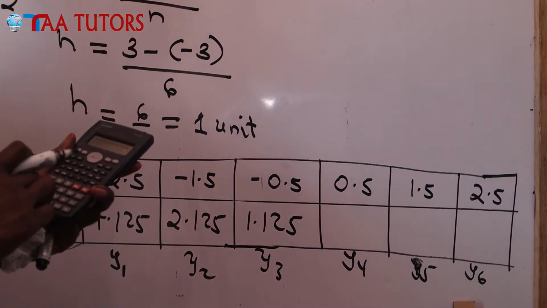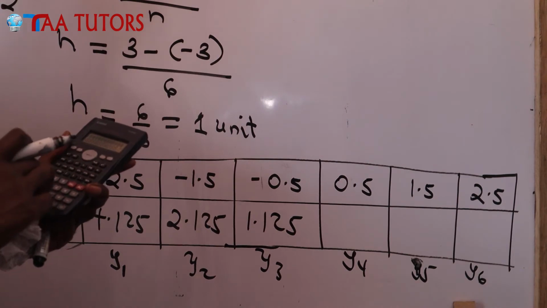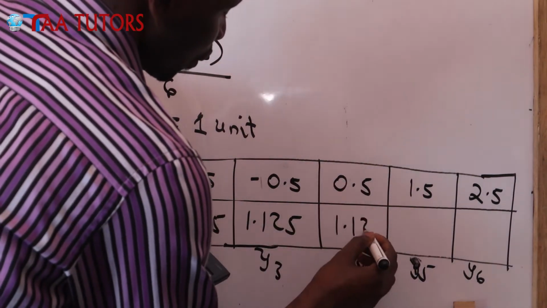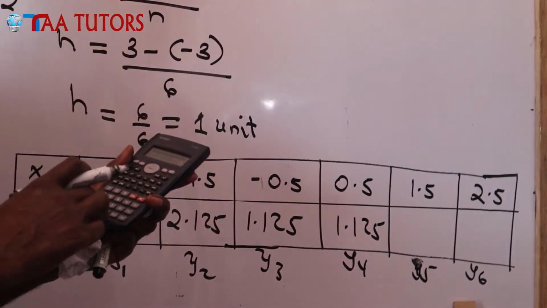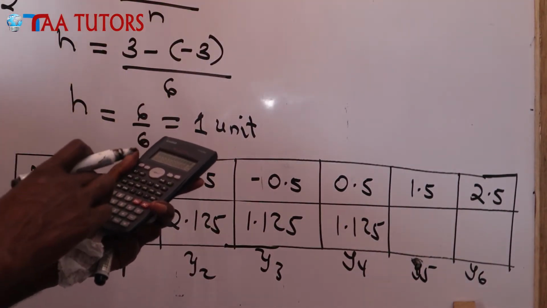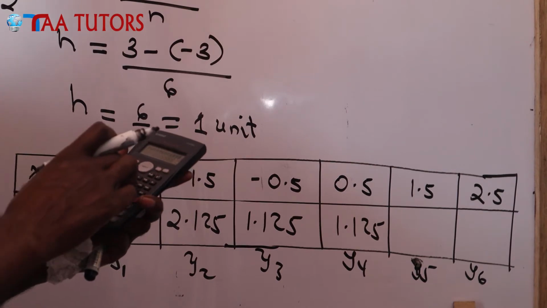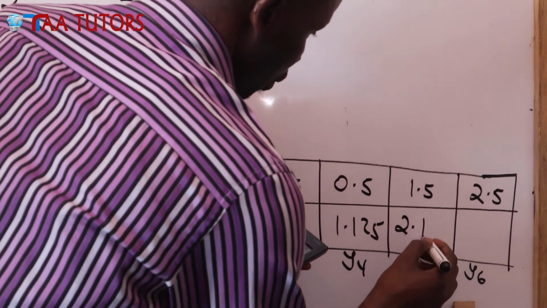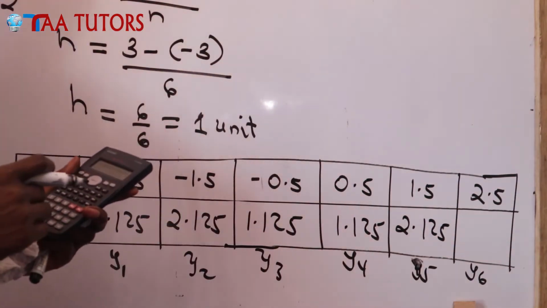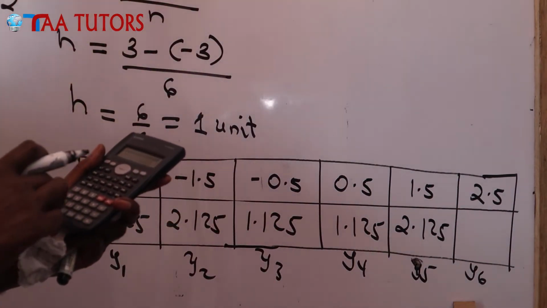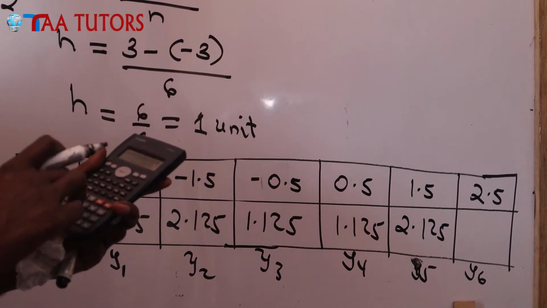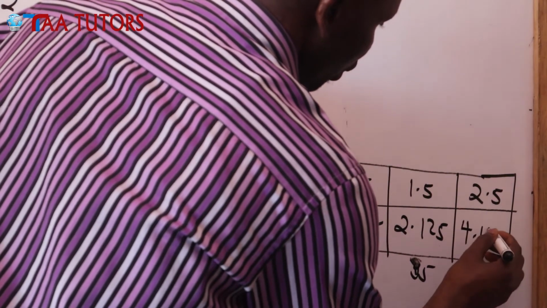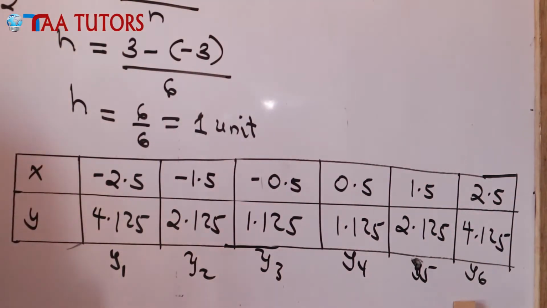And then 0.5 into 0.5 squared plus 1, again 1.125. Then 0.5 into 1.5 squared plus 1, 2.125. And then 0.5 into 2.5 squared plus 1 is 4.125.